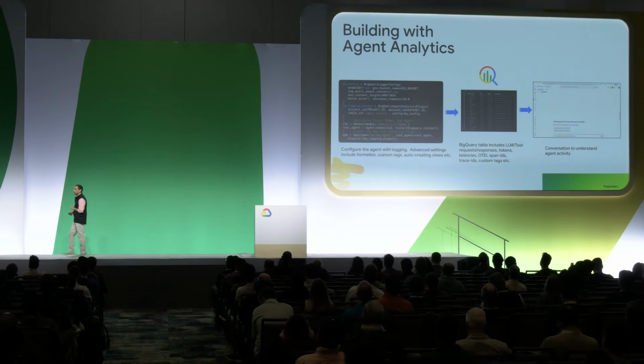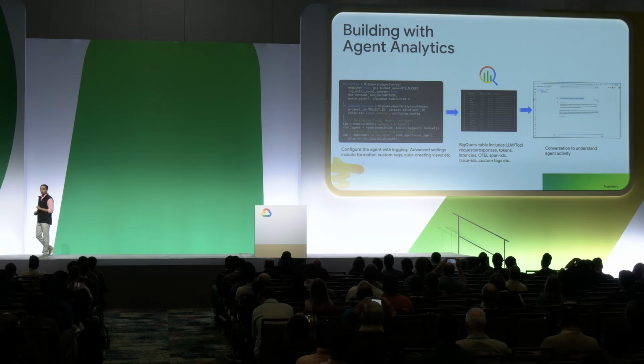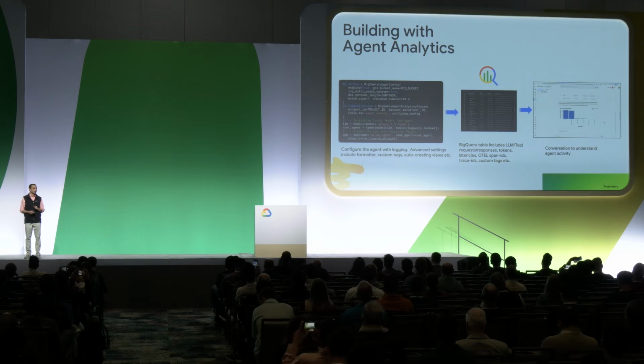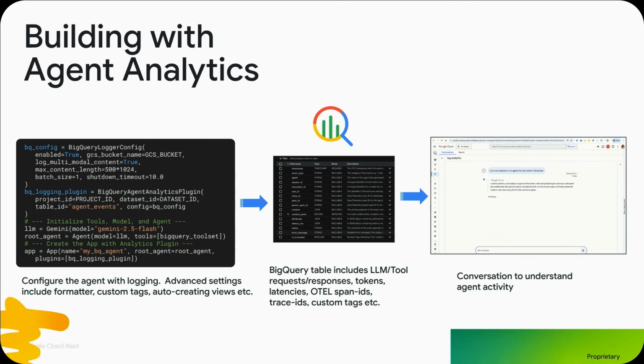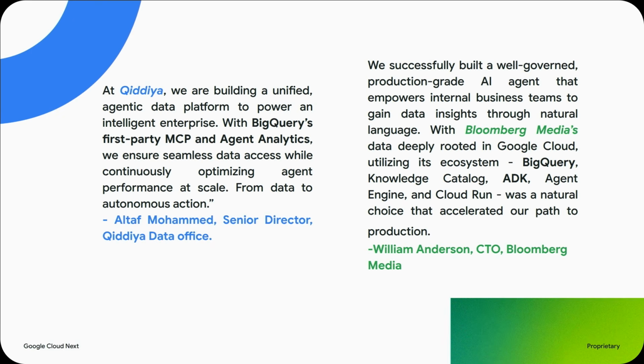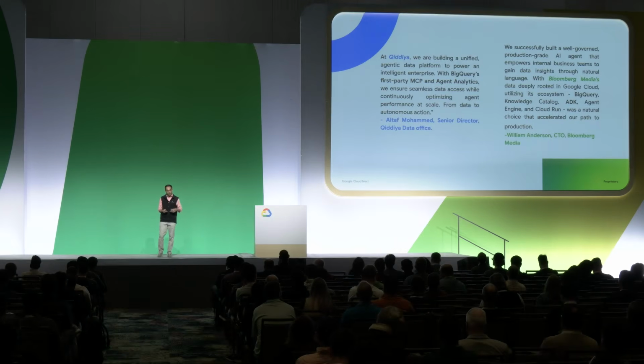But what's even better is once your data is in BigQuery, you can create a data agent on top of it. So now you can start having conversations with your agent logs to understand your production agents. We have seen a lot of excited customers utilizing this today, including Kyria, who are utilizing BigQuery Agent Analytics, along with some of our BigQuery capabilities to build their own agentic data platform.